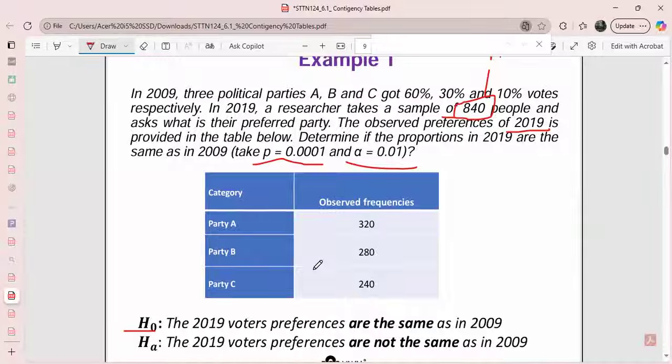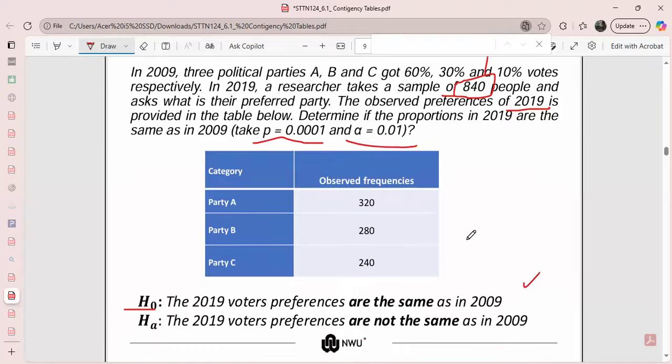So obviously, our statement under the null hypothesis will say that the 2019 voters' preferences are the same as in 2009, or you can just say that the proportions are the same. Then the alternative is the opposite of that one, so we say that they are not the same. That's how you formulate the null and alternative hypothesis.